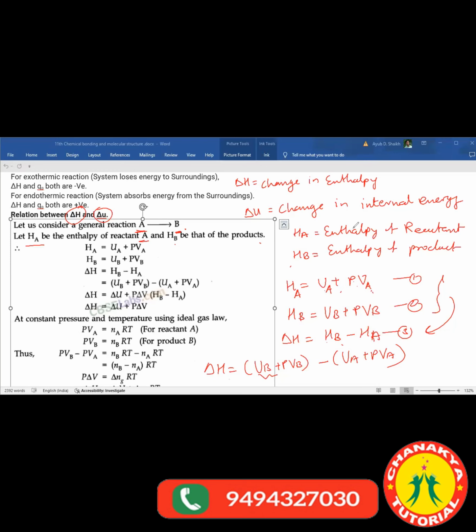Because after that, we have to take these terms closer, meaning the U terms together and the PVB and PVA terms together. Okay, done. Now shall I erase the previous things?